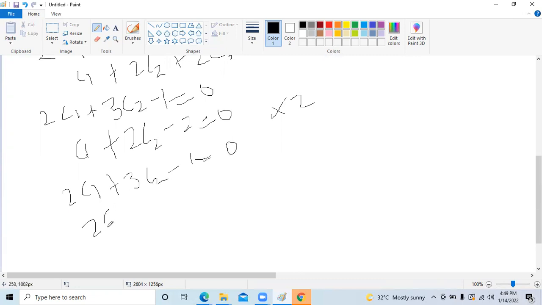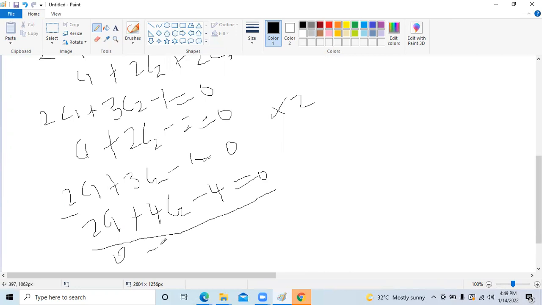Then we have 2C1 plus 4C2 minus 4 equals to 0. So if we subtract this from this, we have 0 here.